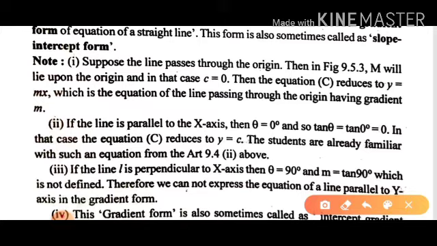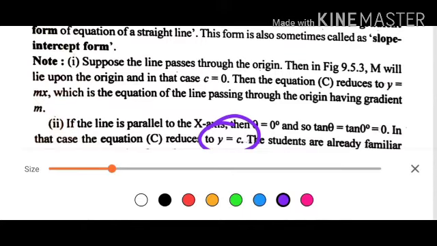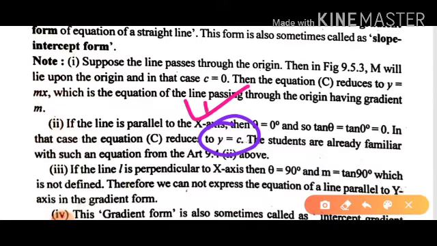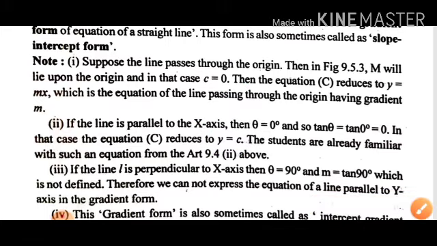Or we can say it may not be the x axis, it reduces to y equal to c, that means parallel to the x axis. We'll take it as parallel to the x axis. Even if it is on the x axis, it is parallel to the x axis, so it will be of the form y equal to c, which is an equation parallel to the x axis.